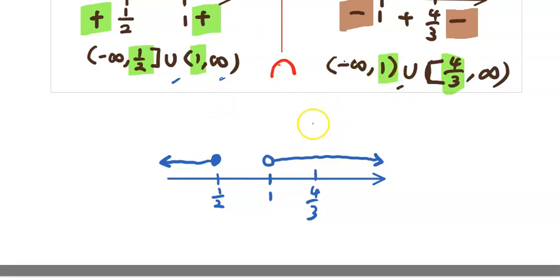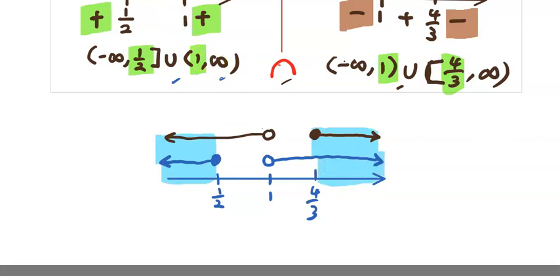So it will be from 1 all the way to negative infinity, not including 1. Then from 4 over 3, with a dense circle on top of it, all the way to positive infinity. And what we want here is the intersection. Therefore, the solution will be the part that I highlighted in blue now.